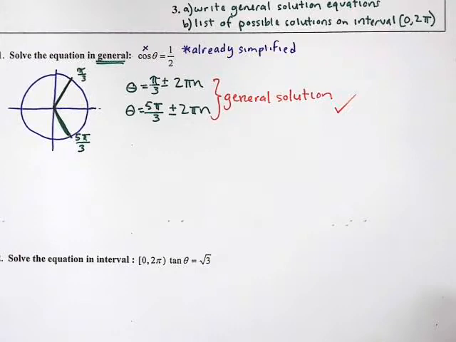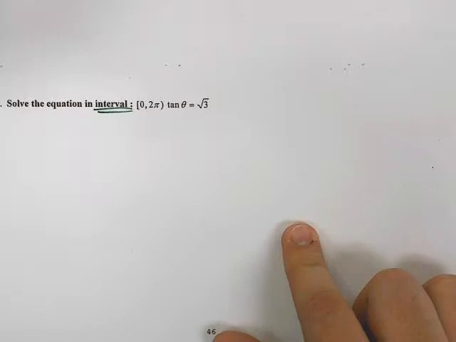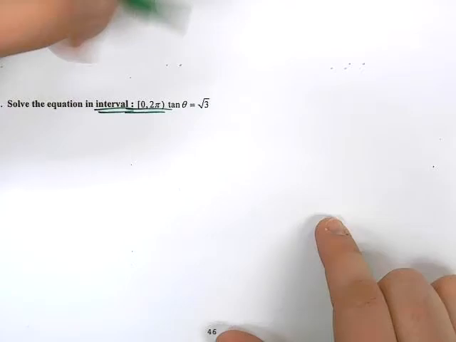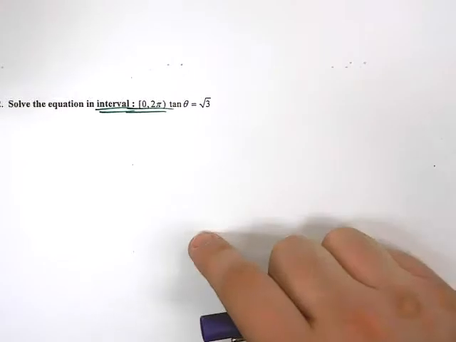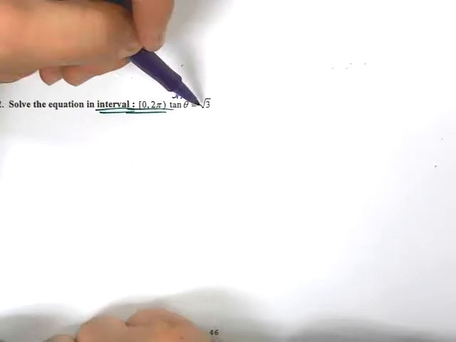Now, when we move on to this next example, it says the word interval, and even further, it says what the interval is. It has to be between 0 and 2 pi. While I would say that this is simplified already, I need to remember that tangent is always y over x, so I'm going to need to work with this a little bit.